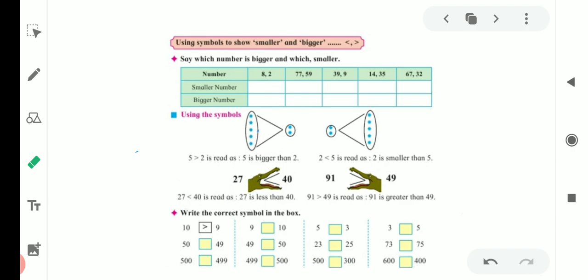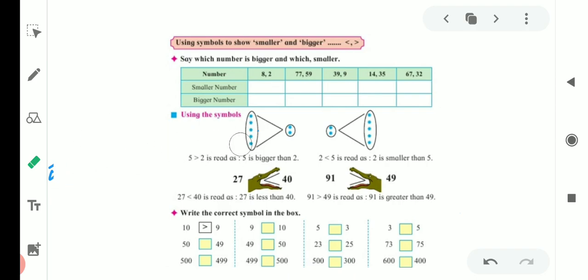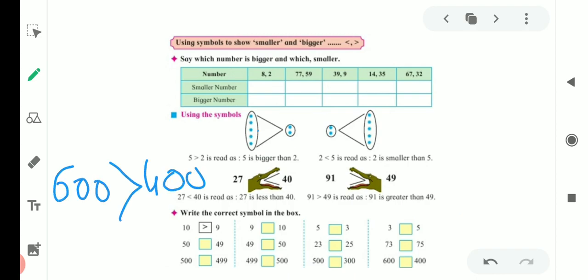Next one is 500 and 300. So 500 is greater than 300. The opening of the mouth faces 500. Remember that. So this sign will come. Next is 600 and 400. So 600 is greater than 400.